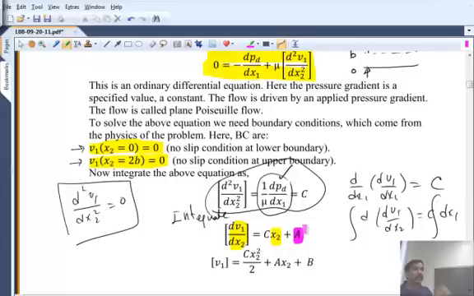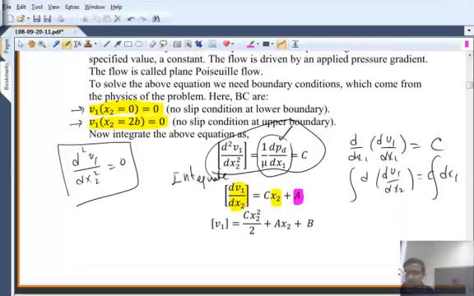This is what you are doing in your current assignment. If you've done that for the second problem, you need to do very similar integration and then evaluating the boundary conditions. You integrate one more time. So v1 equals c times the integral of x2, which is x2 squared over 2, plus a times the integral of dx2, which is simply x2.